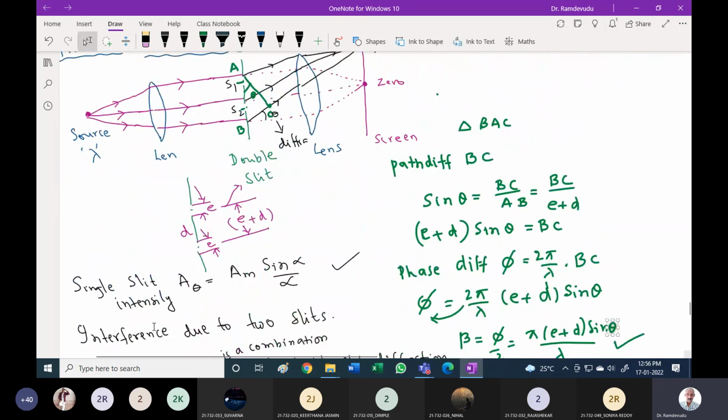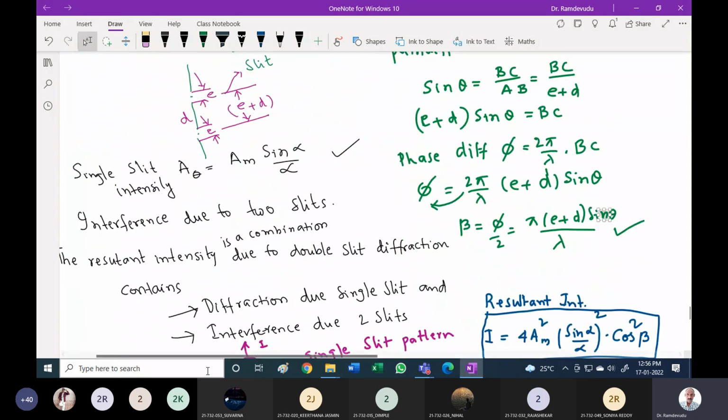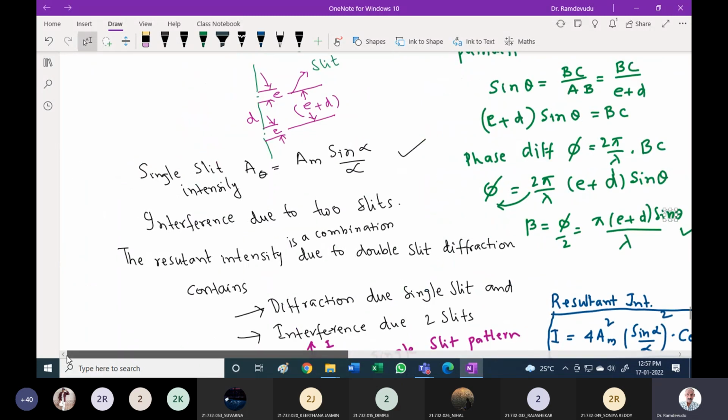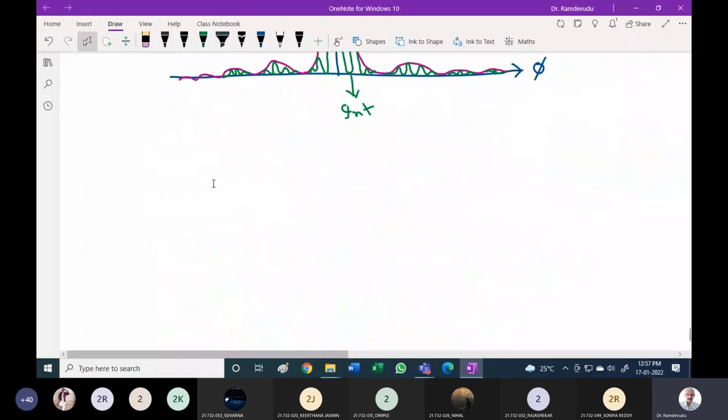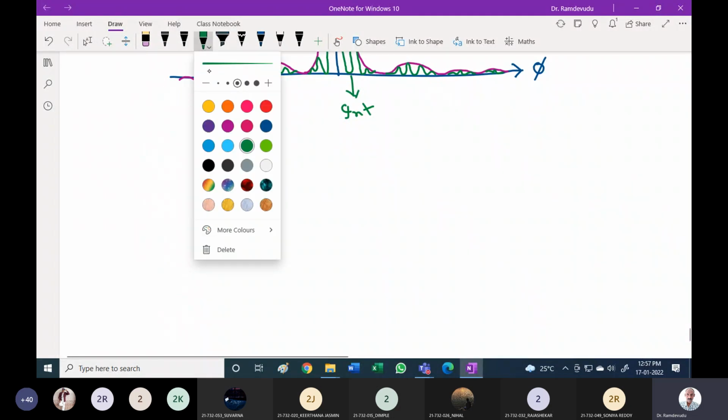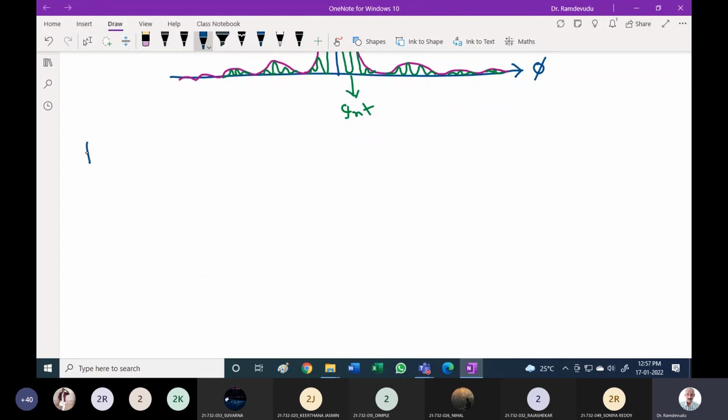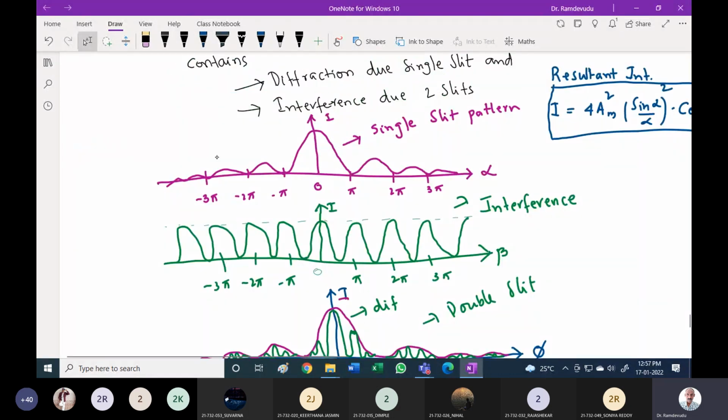So we have seen now single slit and double slit. Now we will look at the N slit. We have seen what happens if there is only one slit. If only one slit is there, we have only the diffraction pattern like this.